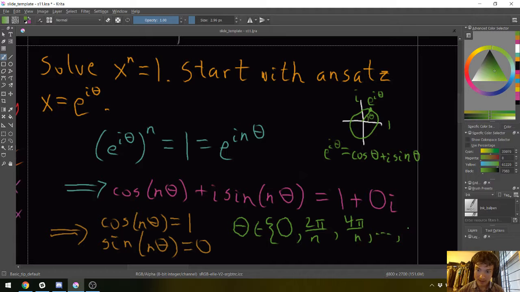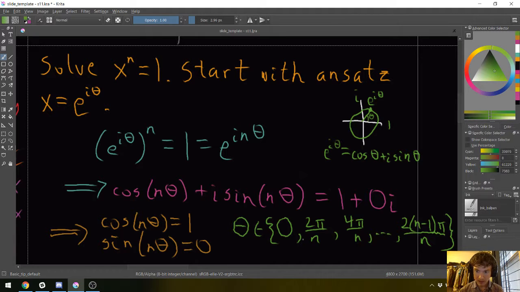So we end when we reach theta equals 2 pi, because that would be the same as 0. So the last one, let's see if I can get this right, should be 2 times n minus 1 pi over n, is that right? Then the next one would be 2n pi over n, which is 2 pi. I think that's right.